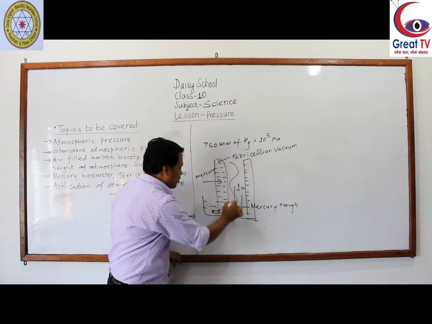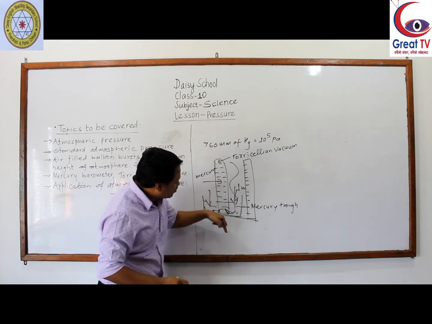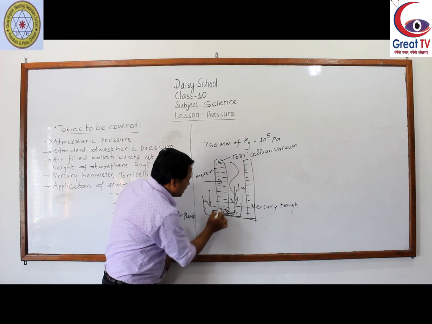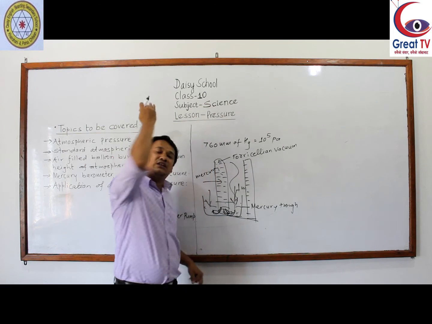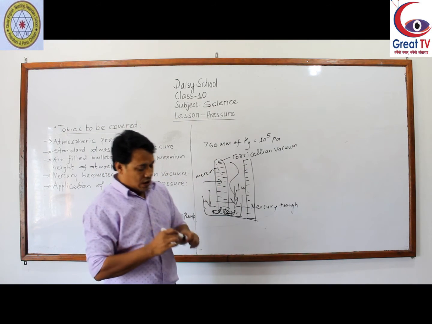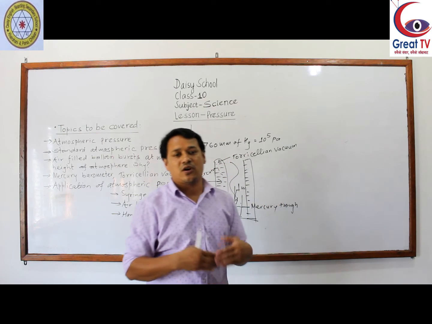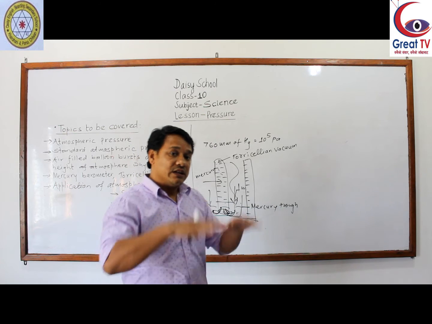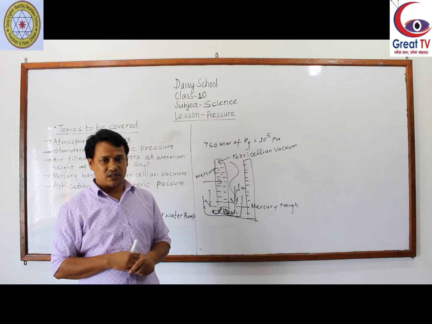The high pressure of the atmosphere pushes the mercury, because of which some mercury enters the tube from its base, and the level of mercury increases in the tube and measures the high pressure. So the level of mercury increases while taking the barometer to a lower altitude, and decreases while taking it to a higher altitude, due to the change in atmospheric pressure.